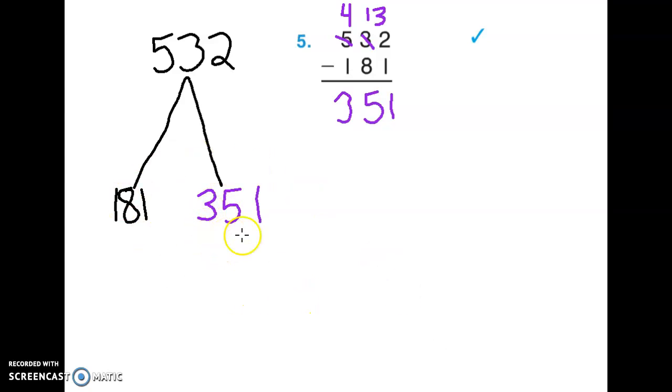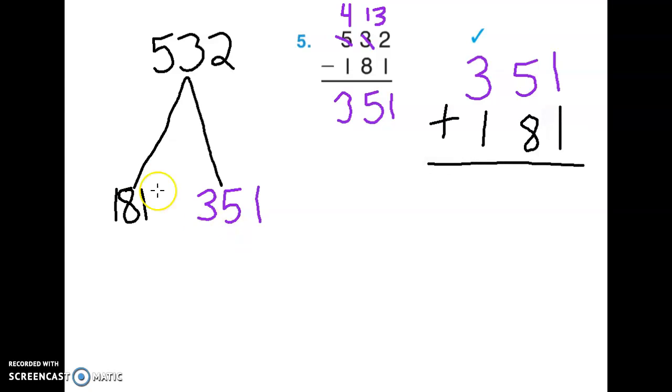So let's try it. I'm going to do 351 and then plus 181, and it should equal, if everything turns out right, 532. I'm going to draw it in blue so we can see some differences. But I'm not just going to write 532. I'm actually going to add these together and see, does it equal 532?